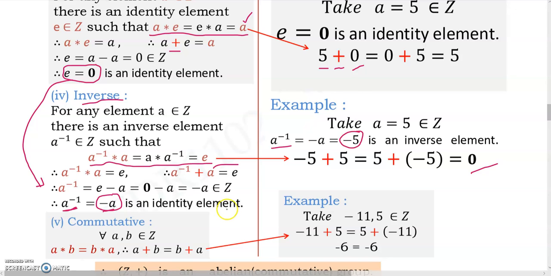That is the rule, so here we are getting 0. 0 is the identity element, this is E actually. So this is correct.